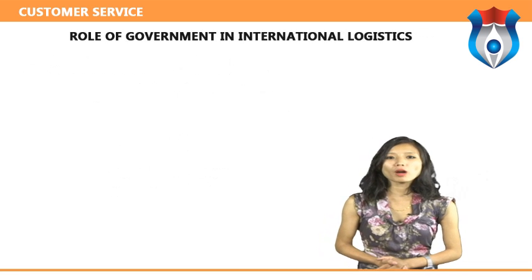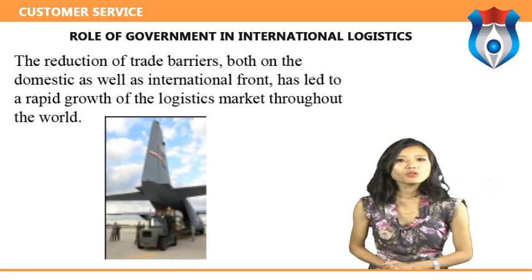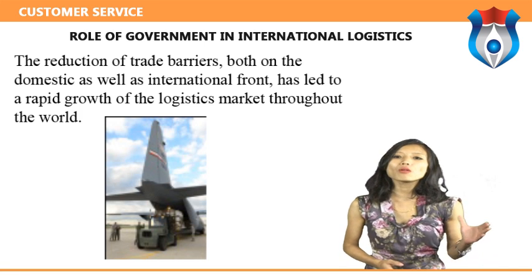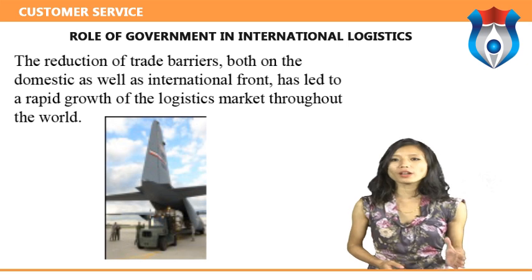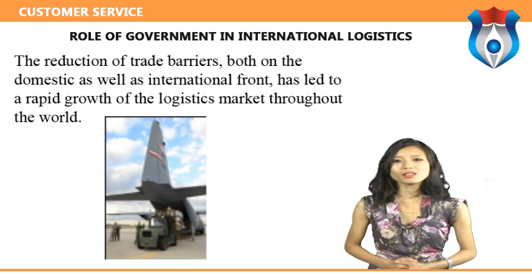Now we shall talk about the role of government in international logistics. The reduction of trade barriers both on the domestic as well as international front has led to a rapid growth of the logistic market throughout the world. The boundaries have been minimized due to the advances in the modes of transportation.